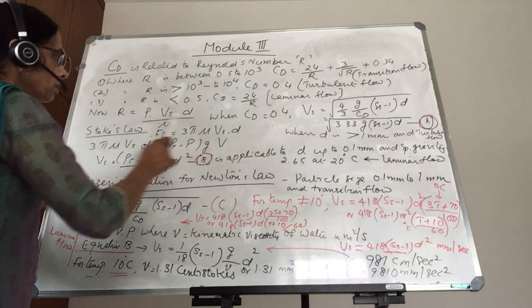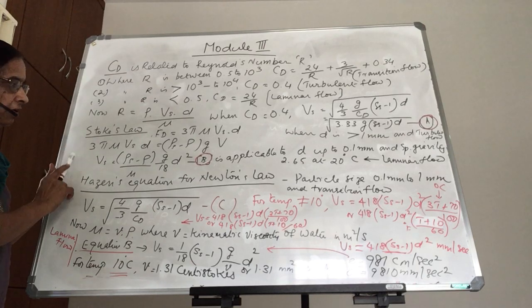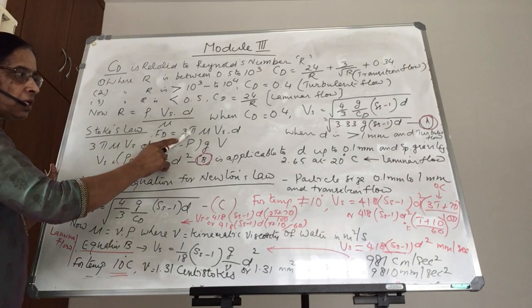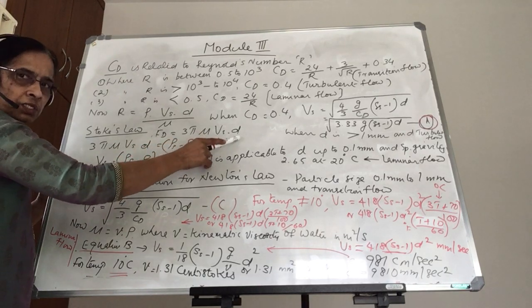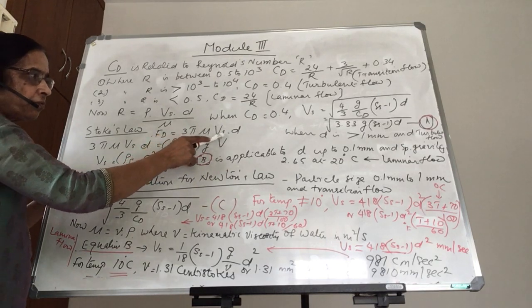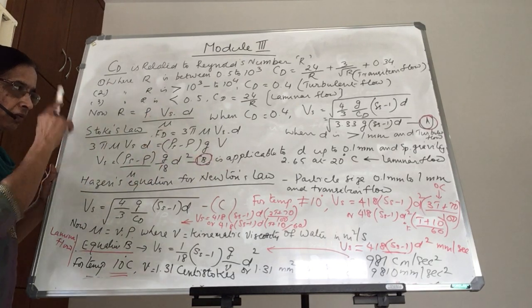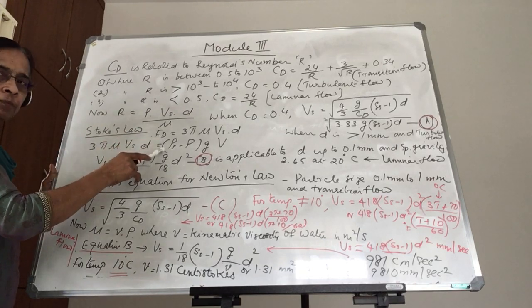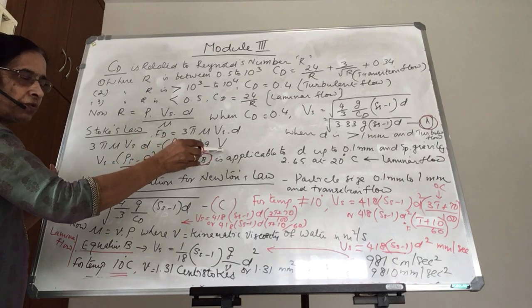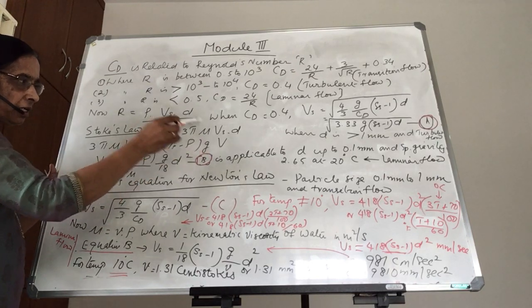And here the equation is given by the Stokes law. The Stokes law says that FD, the drag force, is equal to 3 pi mu into Vs into D, where mu is the absolute viscosity. Equate the FD with our impelling force, that is rho s minus rho into G into V, where V is the volume of the particle.